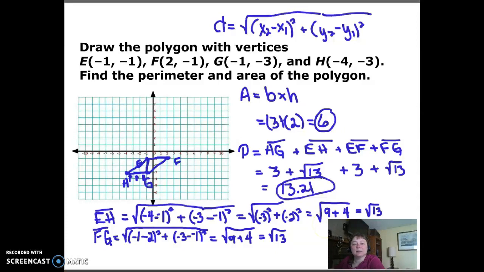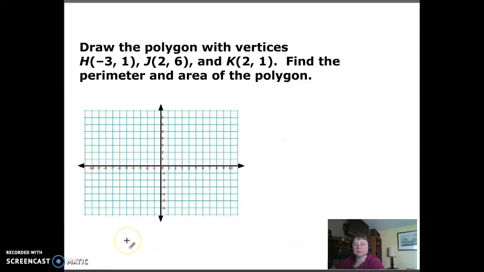Alright, so your turn to try it. This time you are going to try one with a triangle. Here are your coordinates. Alright, hopefully you've had some time to work on this one. I have H is negative 3, 1.